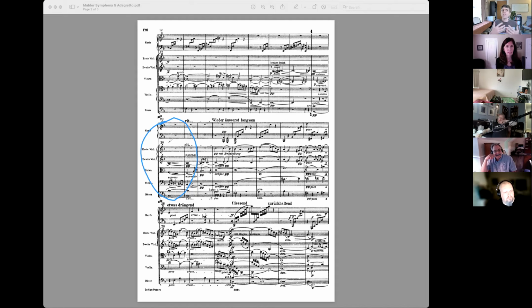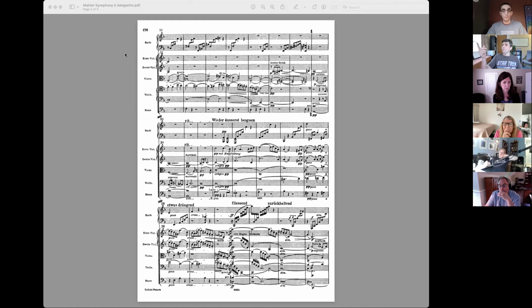But again, if we're trying to learn from Mahler about how to write idiomatically for strings and how to write with passion, interest, well, you're going to have to use divisi. That's just the nature of writing for strings. So basic things. Strings are not an SATB choir, and we use divisi.